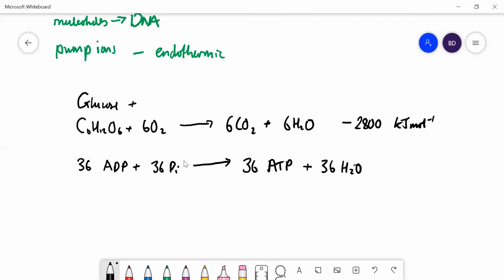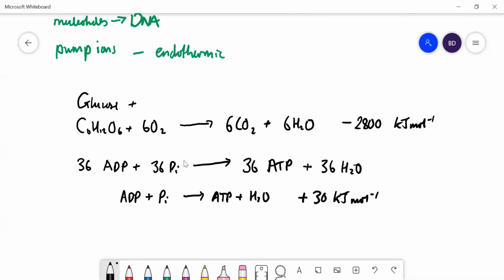Now, we said before, well, we said the reverse of it actually, that 1 ADP plus an inorganic phosphate giving you 1 ATP and a water is endothermic because you're making ATP from ADP, so the opposite way around. So that's going to be plus 30 kilojoules per mole.